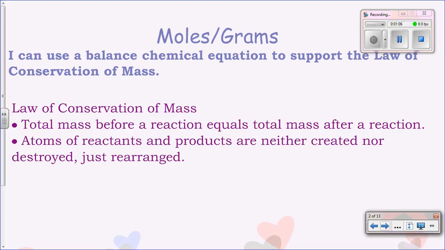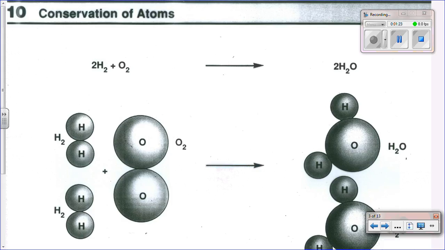So in a regular chemical reaction, the mass of your reactants must equal the mass of your products. So that means that simply your atoms are being rearranged to make new products from your reactants. I like this picture because it shows you how we are making water. Our two reactants are diatomic hydrogen and diatomic oxygen.